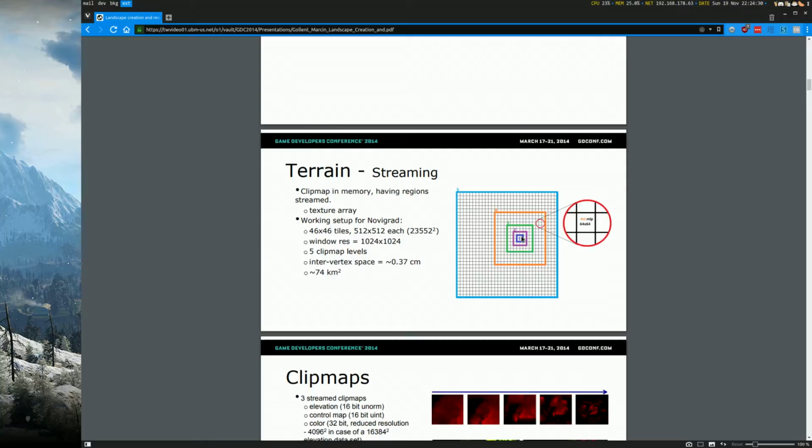The other thing I don't quite understand is that, you know, their tiling is basically the opposite of what the clipmap is. Because the clipmap gets more fine-grained the more it goes inwards. Whereas here, the tiles are actually the opposite.